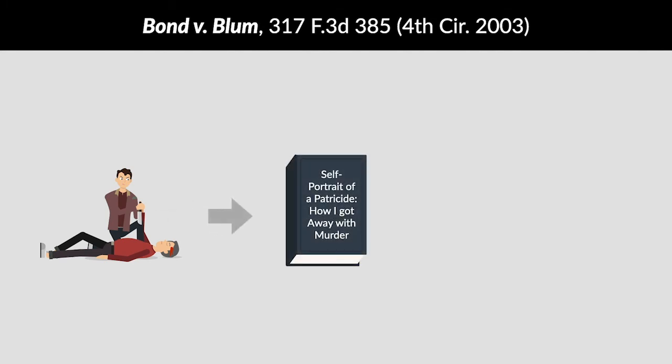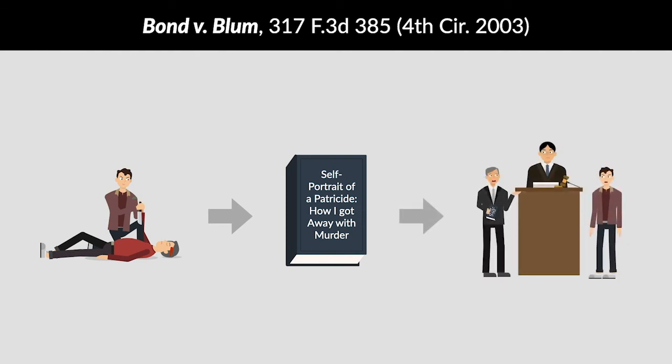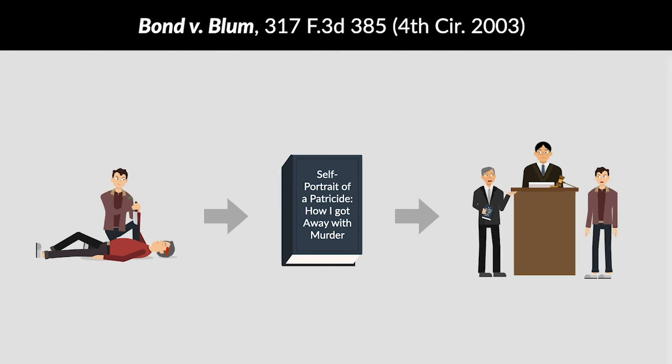In a nutshell, the case involves a man who murdered his father. He then wrote a book about it, and then the book was used as evidence in a subsequent family law case. Being the copyright holder, he was able to assert his copyright law protections.